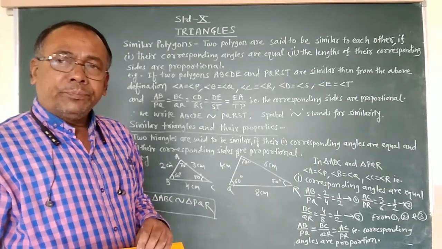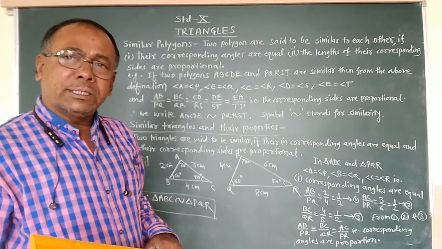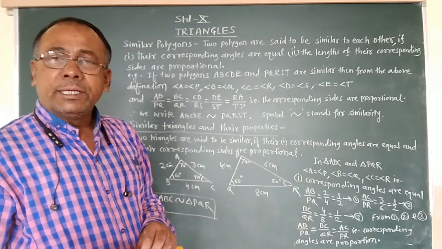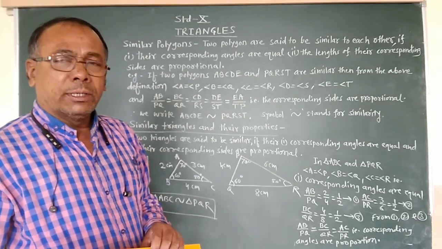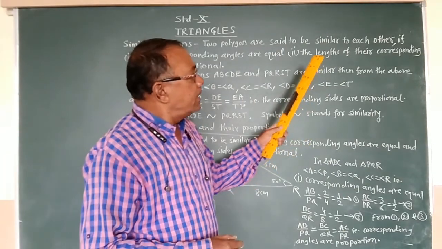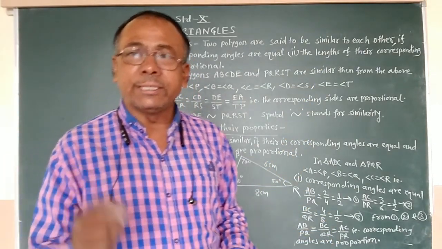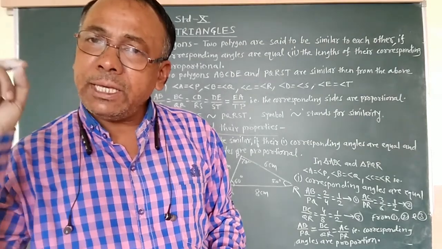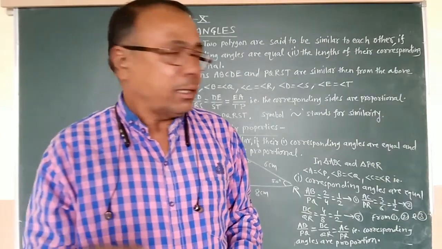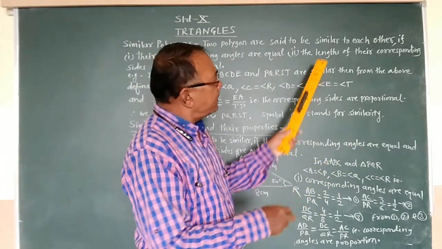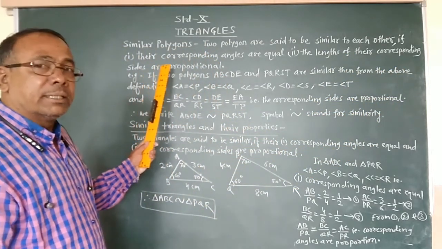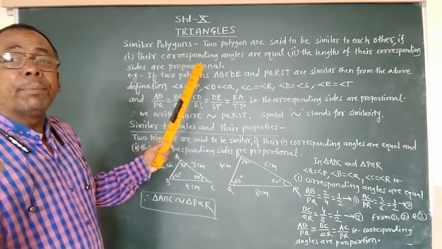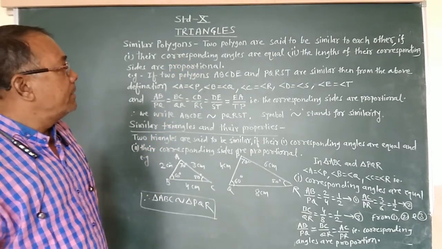This condition is for similar triangles as well as for congruent triangles. But for two triangles to be congruent, the second condition is that the length of their corresponding sides must be equal. For similarity, the lengths of their corresponding sides must be proportional.